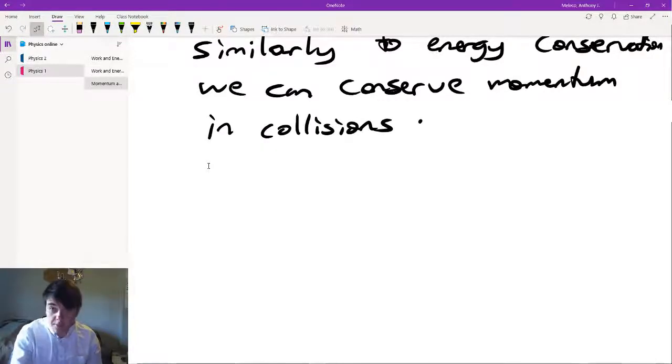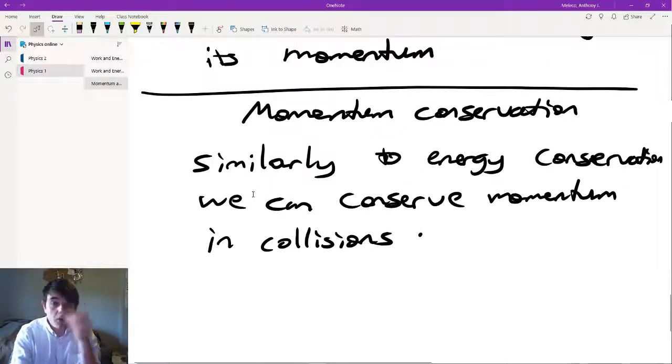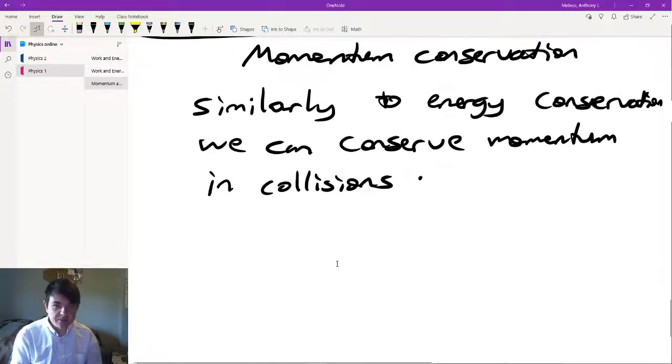And actually, in problems, you're able to conserve momentum all the time, but in some problems, depending on how it's written, you're not able to conserve energy, right? Like if you're losing energy in a problem and they don't tell you where the energy's going or what's causing that, you're not able to solve it with energy. So for these problems, you can use momentum for pretty much all of it. So let me go ahead and show you what's up. So why is there momentum conservation?